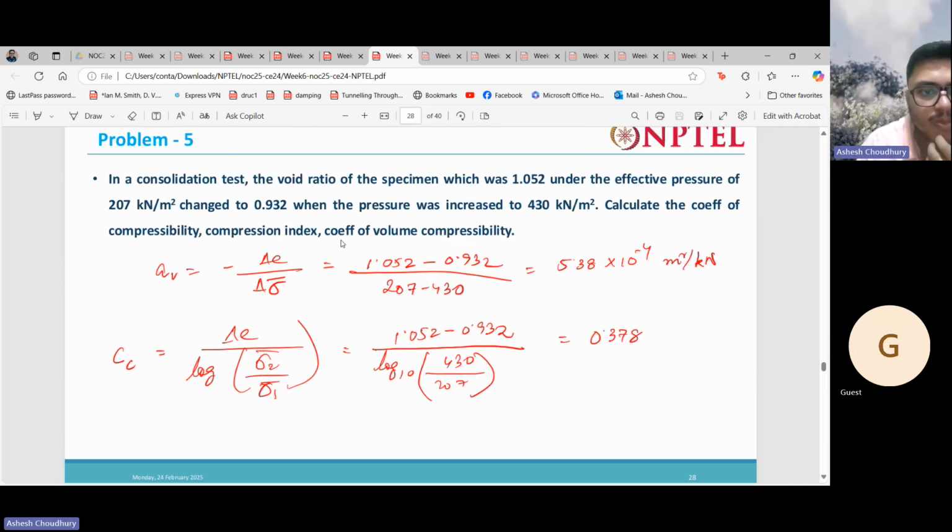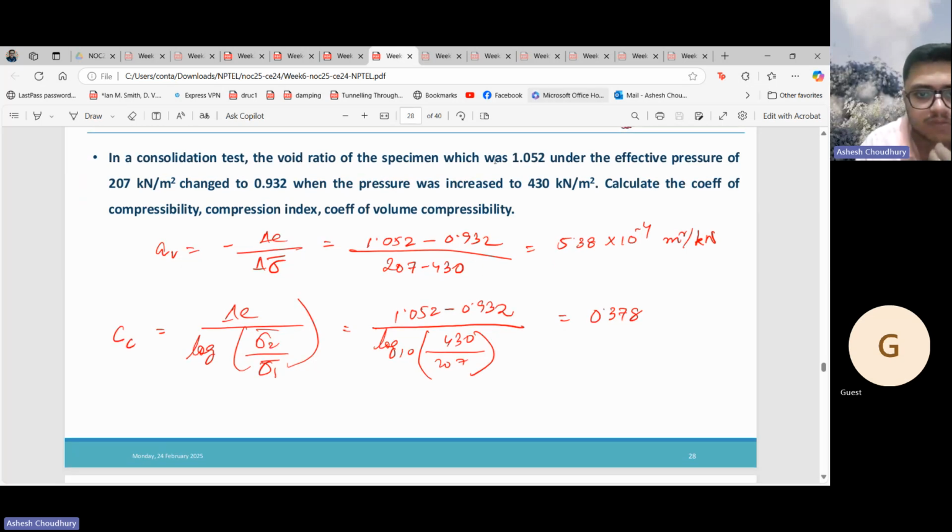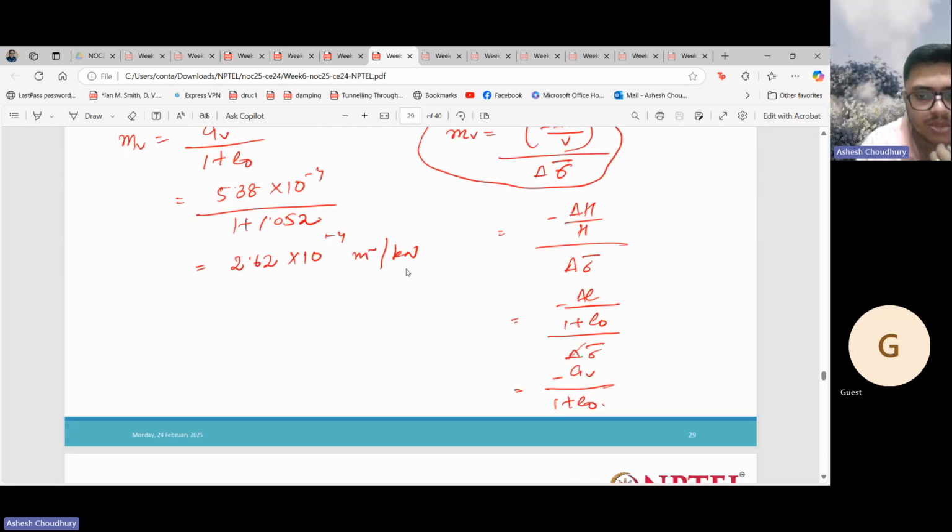Then some more problems where you have to calculate the coefficient of compressibility, compression index, coefficient of volume compressibility, all those things. Everything was given, just put the values and calculate.